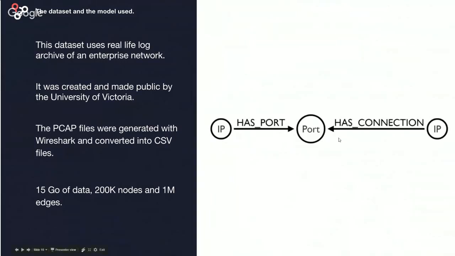You can see the model here on the right. It's very simple. You have an IP that has a port. The port is basically the service that the server is talking to, and this port has a connection to the other IP. What we get is 200,000 nodes and 1 million edges in the graph.